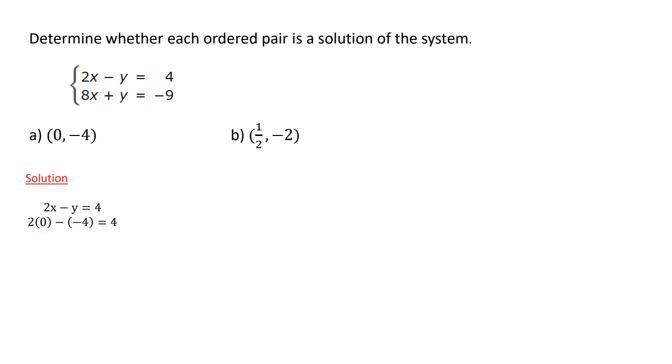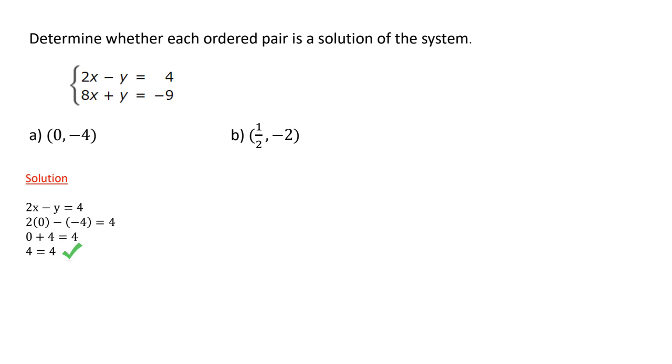Take the first equation, 2x minus y equals 4, and substitute 0 for x and -4 for y. When we simplify, we get a true statement: 4 is equal to 4. So this point lies on this line.